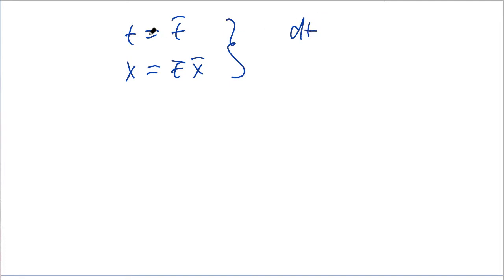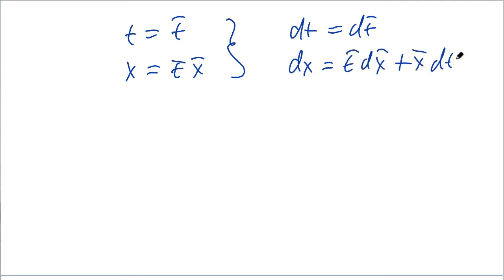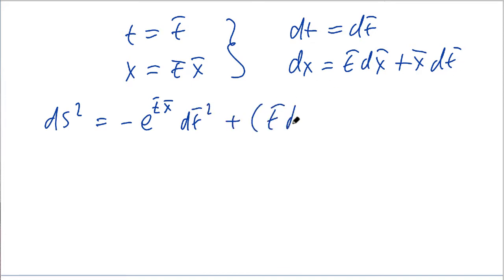And from these definitions, we have dt is dt bar, dx is t bar dx bar plus x bar dt bar. And now the line element is minus e to the power x, where x is t bar times x bar, times dt squared, that's dt bar squared, plus dx squared. Dx squared is t bar dx bar plus x bar dt bar, quantity squared.